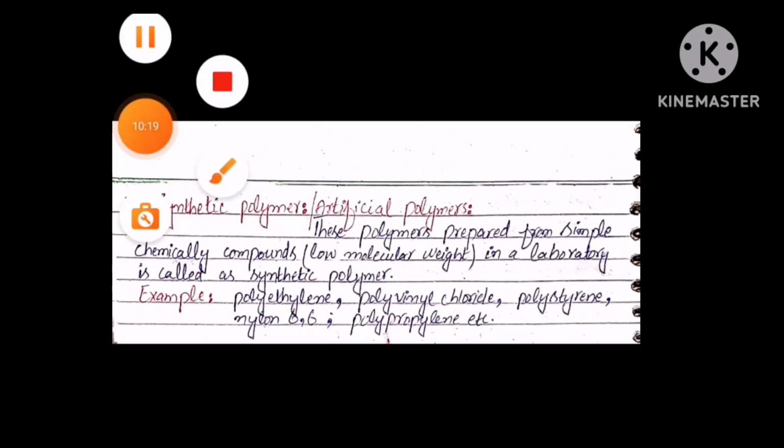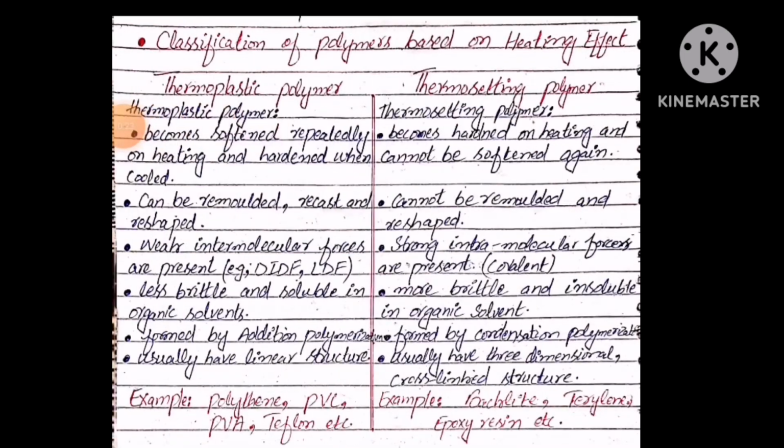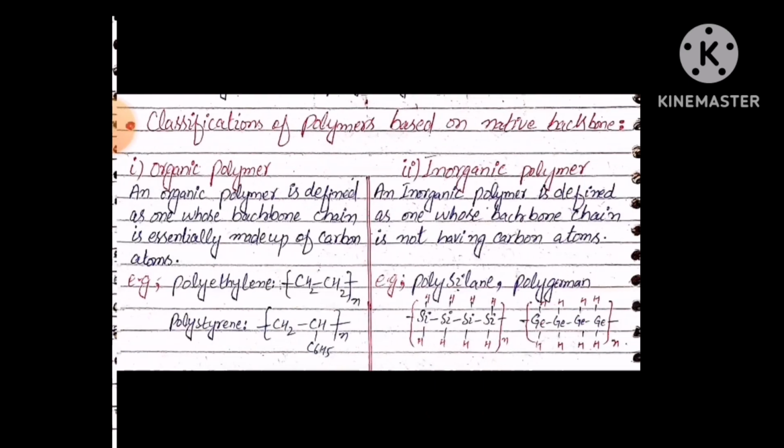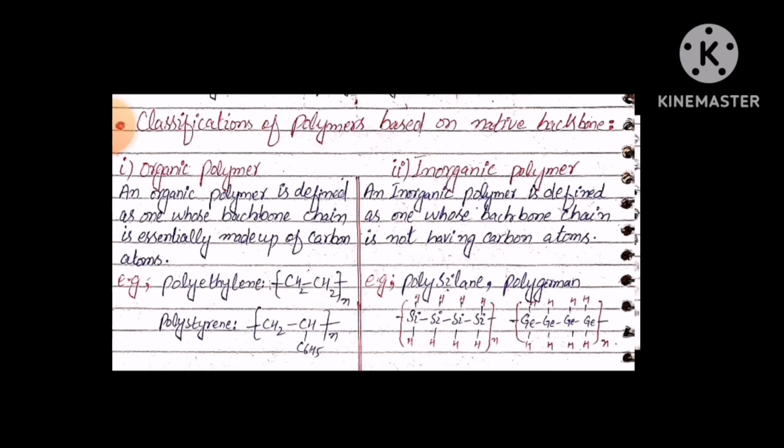So students, today we have studied the classification of polymers on the basis of heating effect: two classes, thermoplastic and thermosetting. Then we studied classification based on native backbone: organic polymer and inorganic polymer.